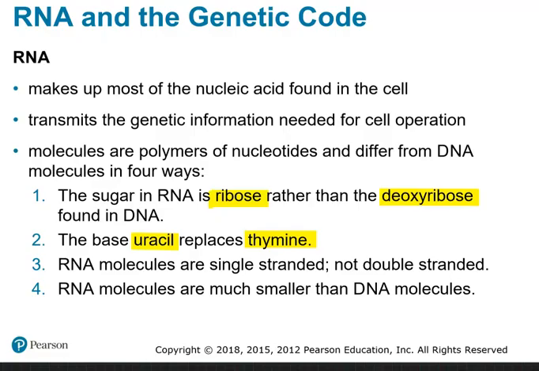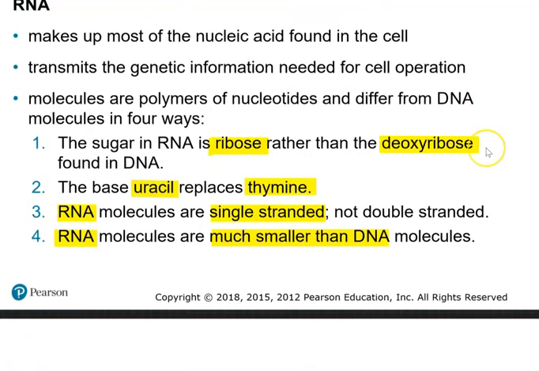RNA molecules in the cell, for our intents and purposes, are single-stranded, unlike DNA, which is double-stranded. And RNA molecules are indeed much smaller than DNA molecules in the cell. Okay, overall, DNA is bigger.